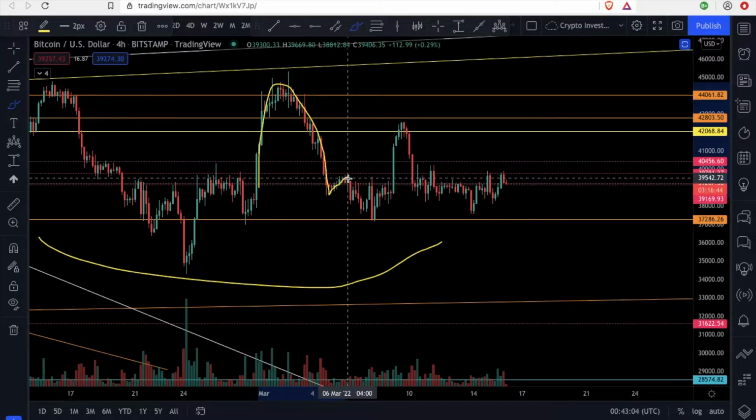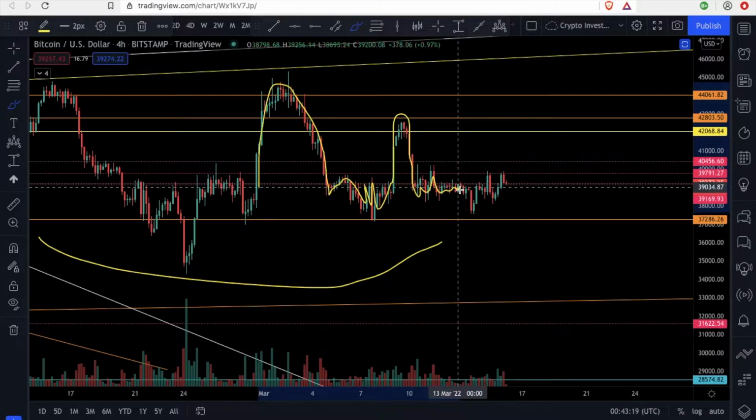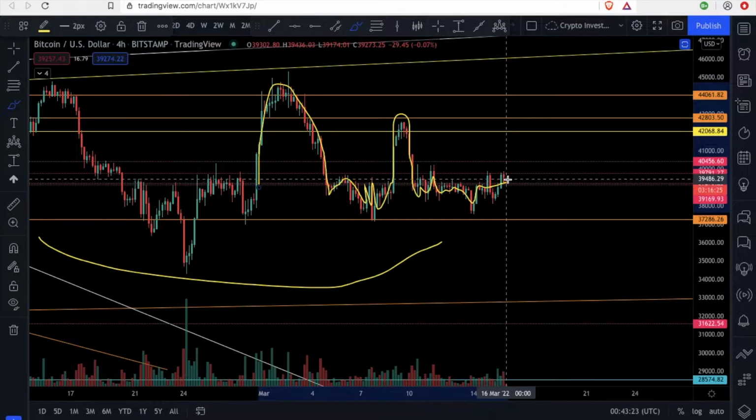Resistance, boom, resistance. Breakout again without retesting those three pink lines, going in a very steady manner. Then resistance again, support, resistance. Just look at that, it's there. Look at that, that's strong resistance.